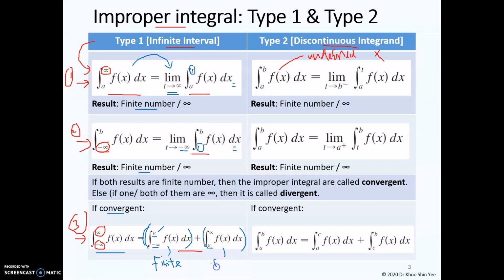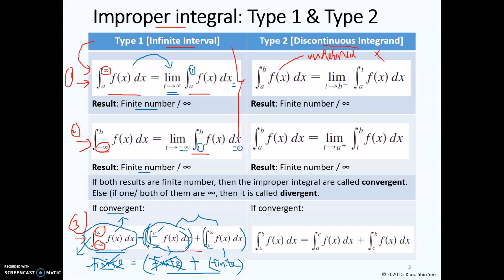If this is a finite number also, the summation of these two integration results will give you a finite number as well. Therefore, we can say that this integration has a finite solution and the solution is converged. However, if you obtain one of the integration results here that is not finite or is undefined, then the summation of this will be undefined as well. And we can say that this integration result does not exist and it is diverged.